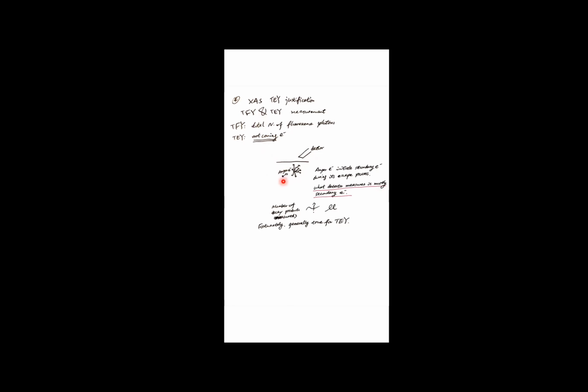So what happens here? With TEY, we are counting electrons, right? It's the outgoing electrons, all the electrons entering the detector. But we need to know some details. So we have the incoming photon. Let's say the photon hits the sample here, and here we have the Auger electron decay. So the Auger electron is produced at this level.